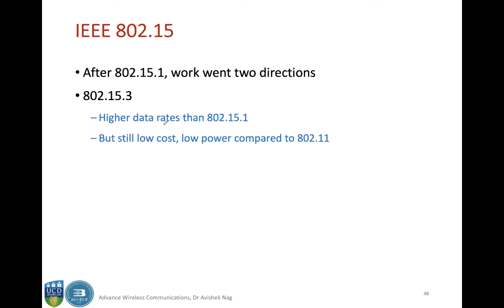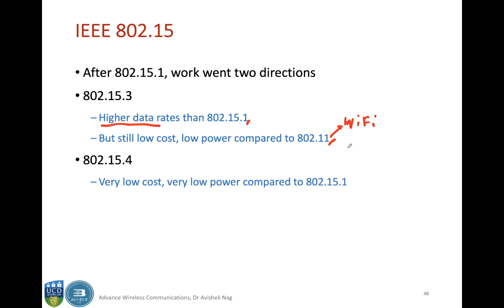One was 802.15.3, and this had higher data rates compared to 802.15.1, but still this was low cost and low power as compared to another IEEE standard, that is 802.11, which was for Wi-Fi that you have studied previously.